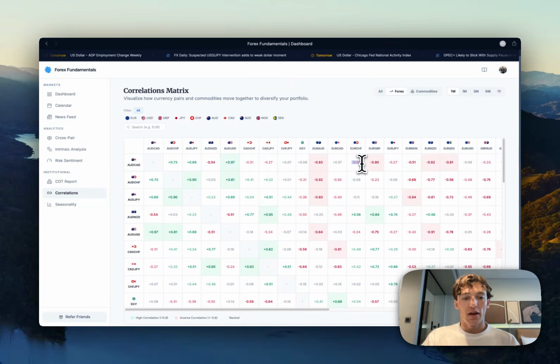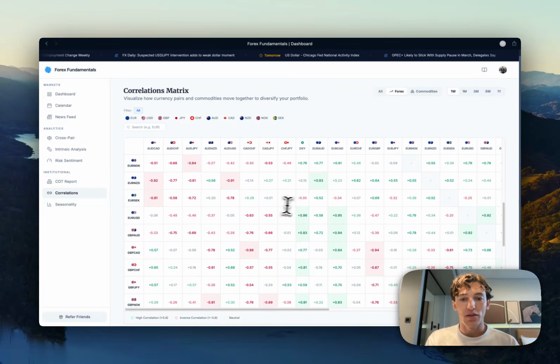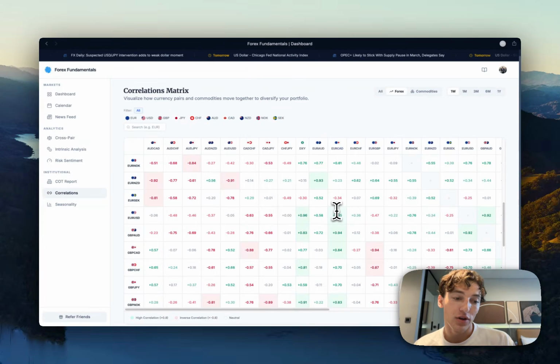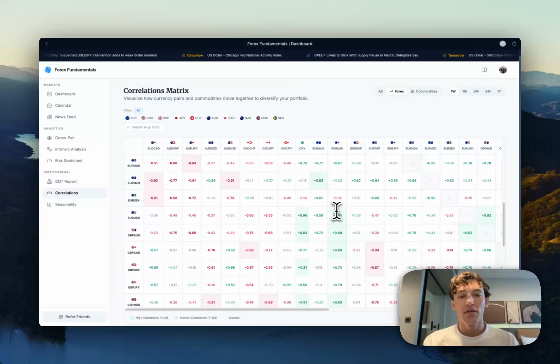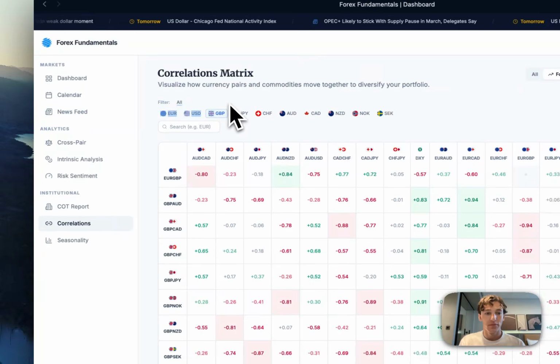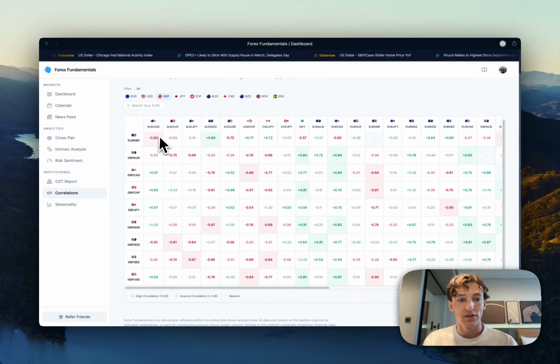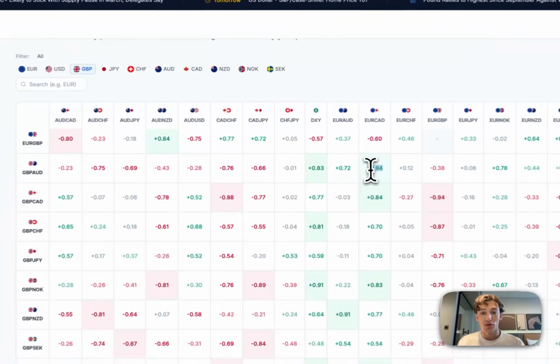So this is very good, especially if you want to trade fundamentals and you want to diversify your portfolio of positions, then definitely look at the correlation matrix. So for example, if I want to look at the pound, now we'll see all the pound pairs pop up. If I, for example, want to long GBP AUD, it's pretty correlated to Euro CAD.